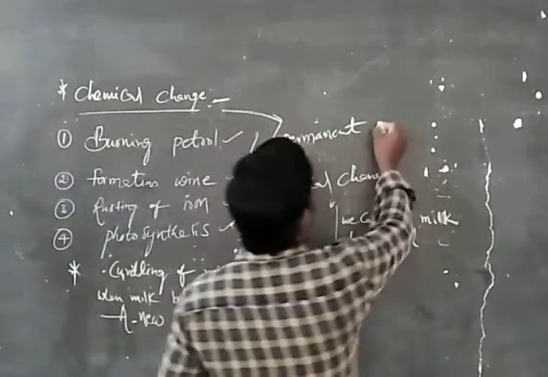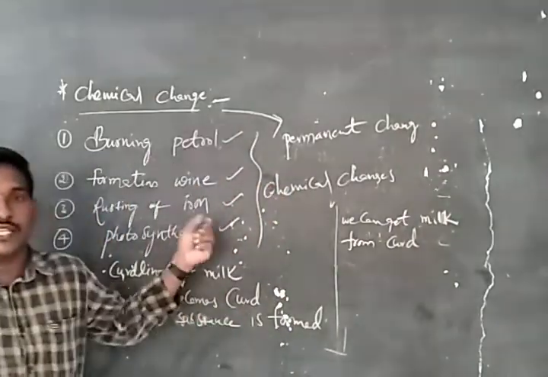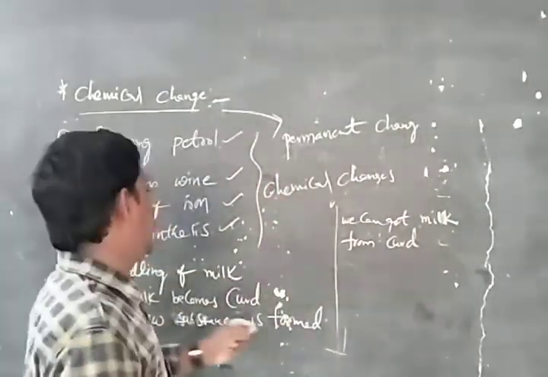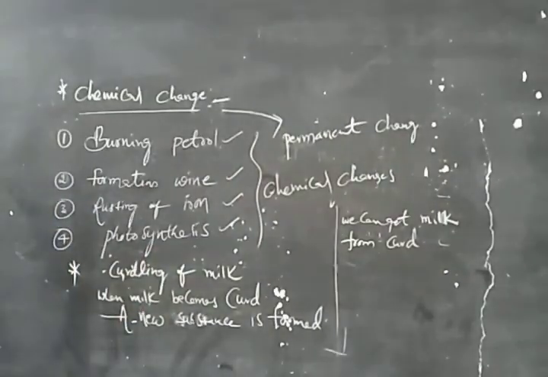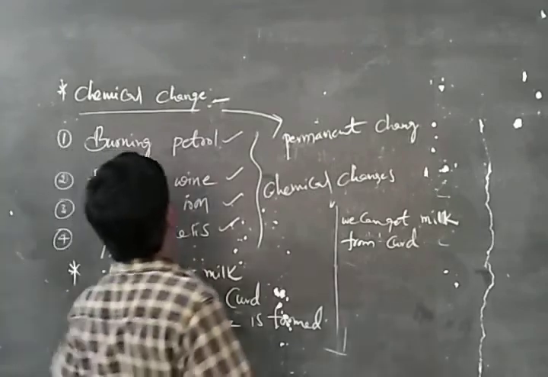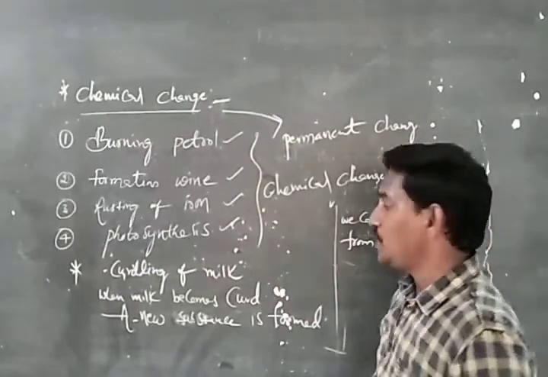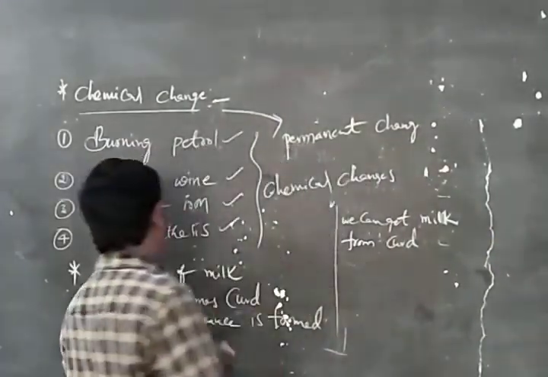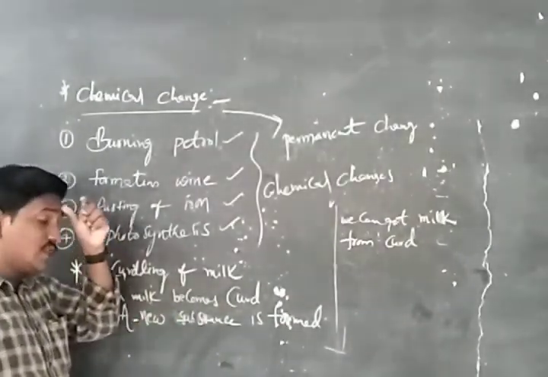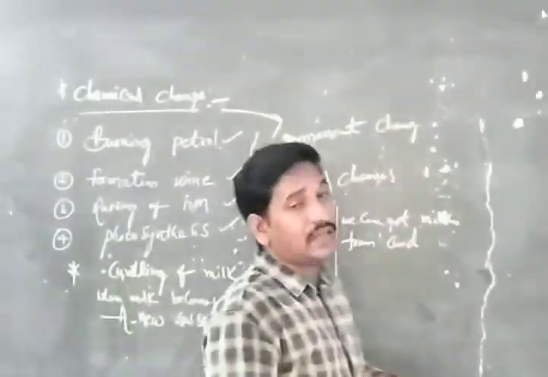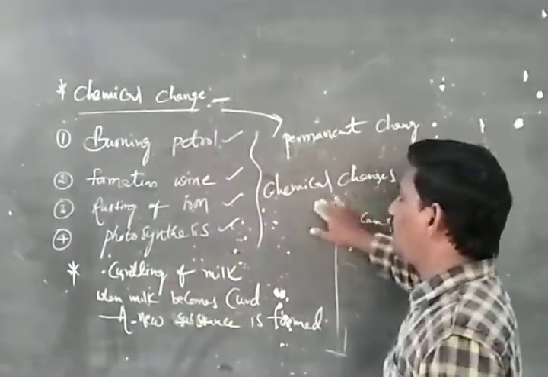Chemical change is a permanent and irreversible change, and the best example is curdling of milk. Burning of petrol, formation of wine, rusting of iron, and photosynthesis are the best examples of chemical change. When milk becomes curd, a new substance is formed, and you cannot get milk from the curd.